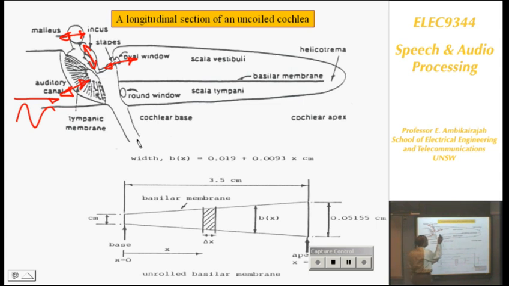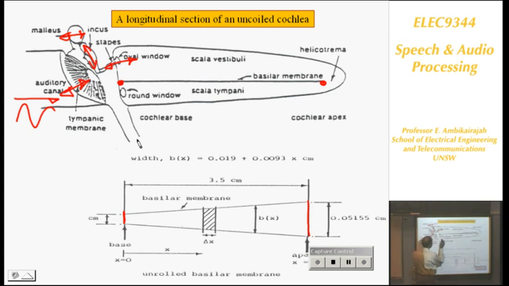Now, if you look at this membrane, as I said to you, that point is sensitive to 20 kilohertz, and that point is sensitive to 50 hertz. So this particular membrane is not a single line. If you look from this end, it's very short here, and it's very wide here.